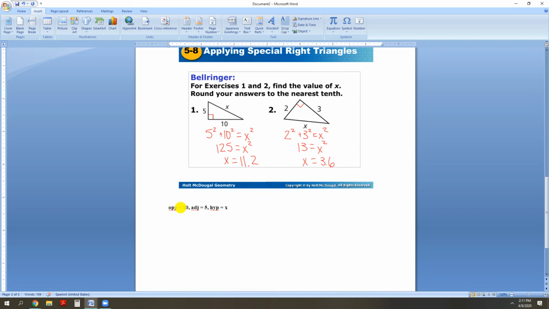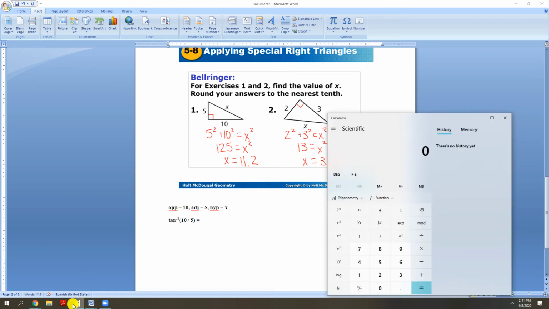So I need the one that uses the opposite and the adjacent because those are the sides that I know. Well, that's tangent. Tangent uses those. But I need inverse tangent. So I need the inverse tangent of the opposite divided by the adjacent. Okay?